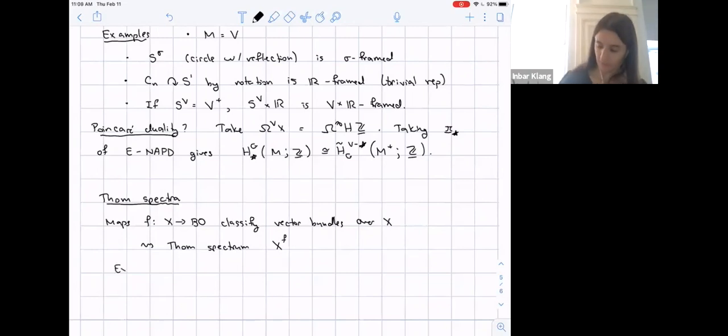So for example, if f is null homotopic, then this Thom spectrum is just equivalent to the suspension spectrum of X.